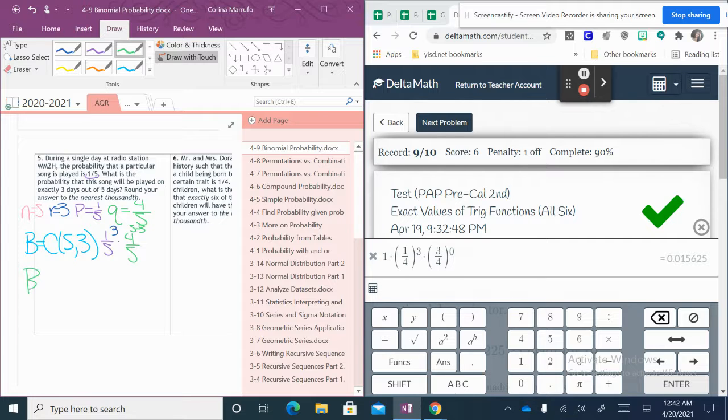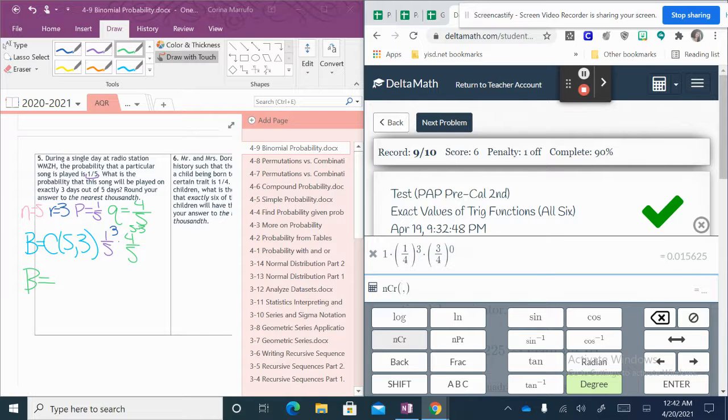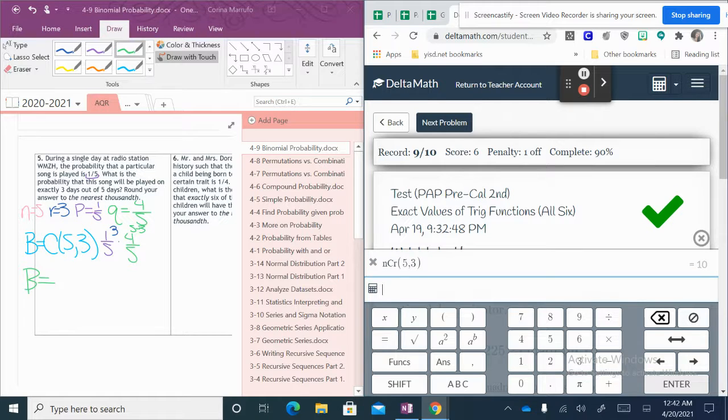So I'll go ahead and write it down right now. So B equals, I'm going to go ahead and put my combination of 5, 3. So 5 and 3. Enter, that gives me 10. So then this is going to be 10 times 1/5 to the third times 4/5 to the power of 2.